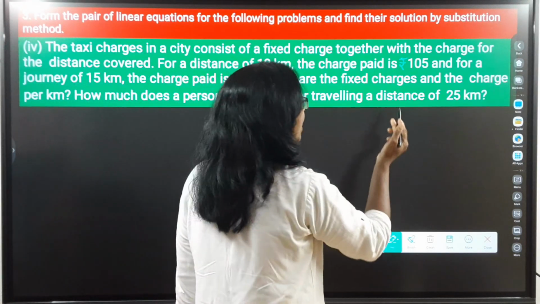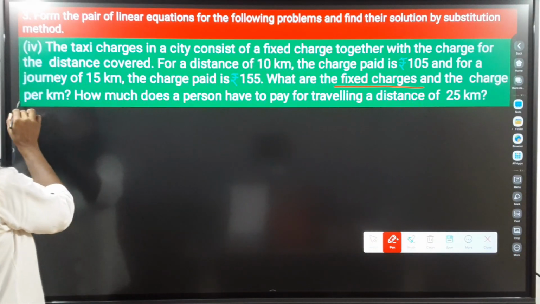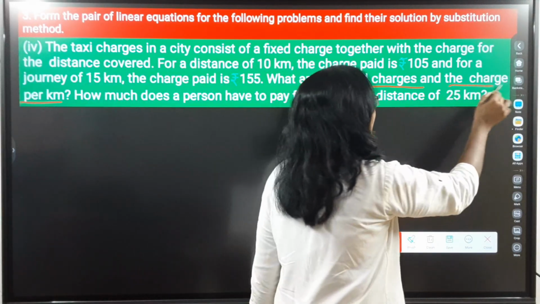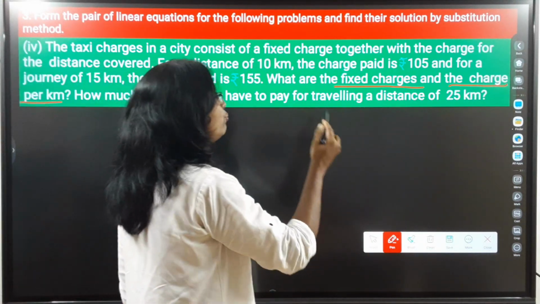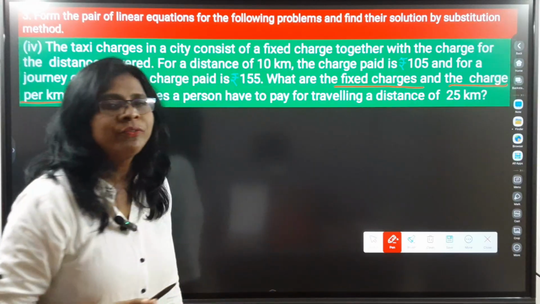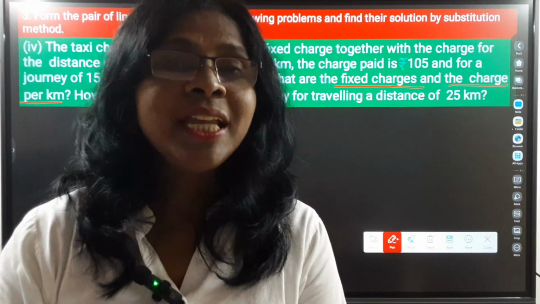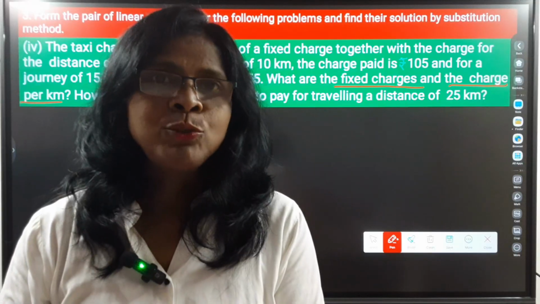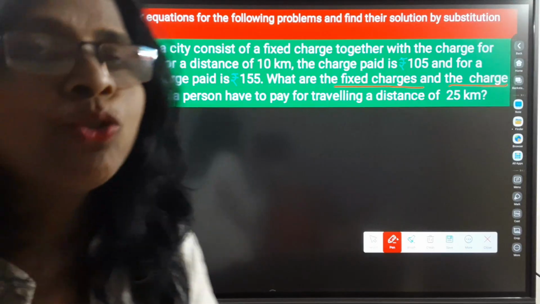What are the fixed charges and the charge per kilometer? How much does a person have to pay for traveling a distance of 25 km? Now here students, this word problem has to be solved with the help of the substitution method.